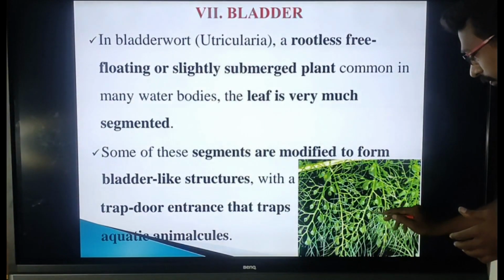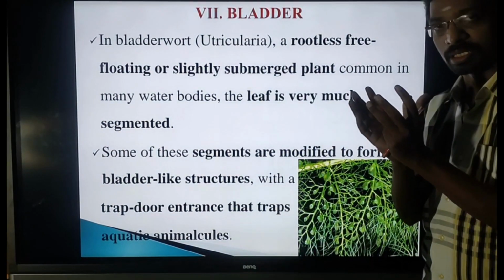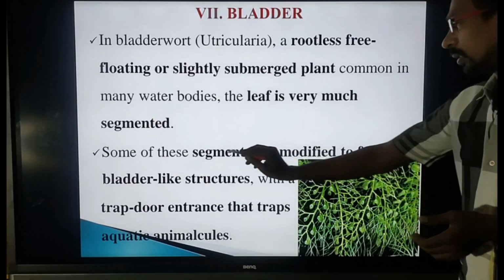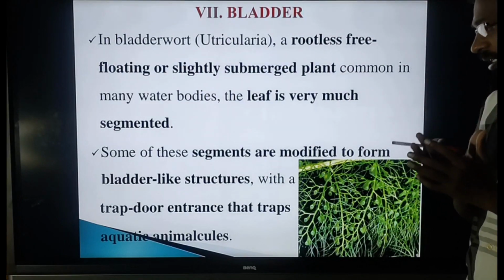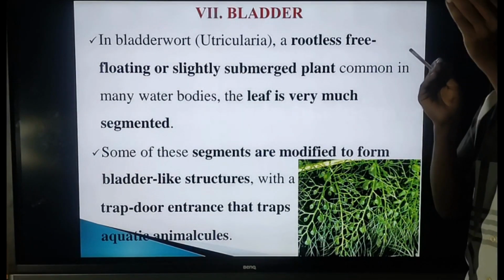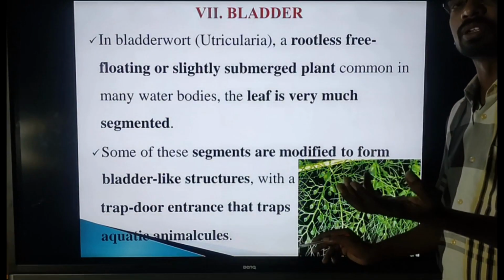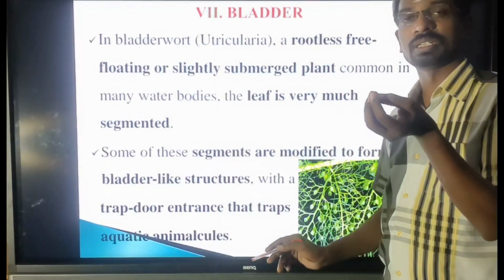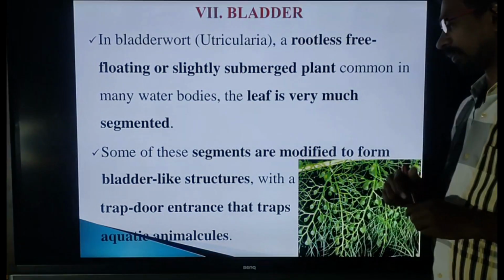So it will look like a pot-like structure, and the segments are modified to form the bladder. A bladder is a sac-like or bag-like structure with a trapdoor entrance, so it can easily capture the animalcules. Animalcules mean very small or minute animals.